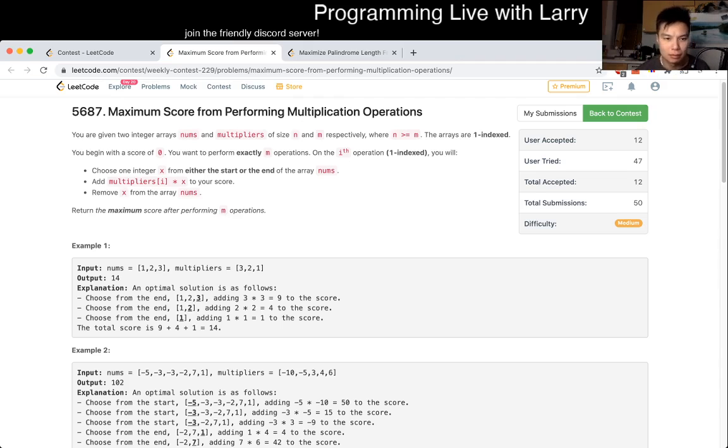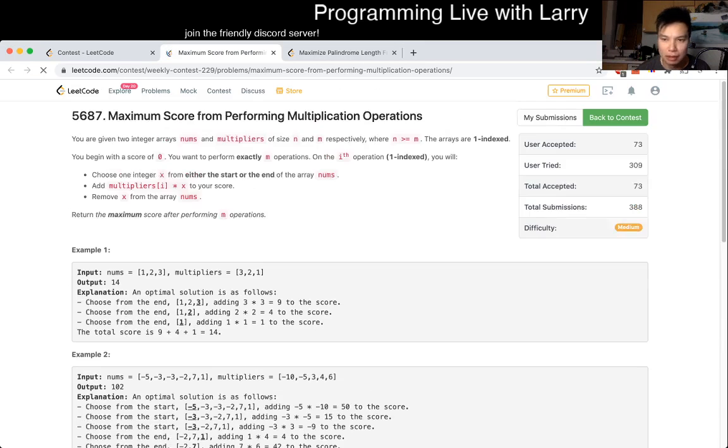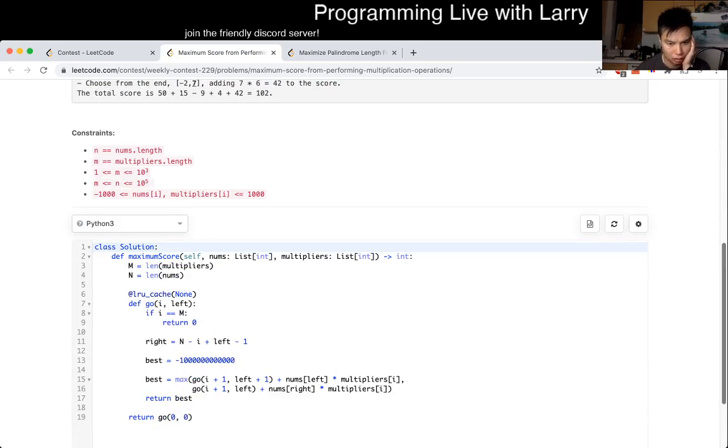I don't get this, but a lot of people have gotten it, so I'm just a little bit confused what optimization I can do.